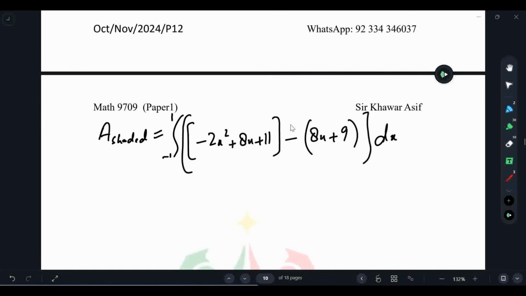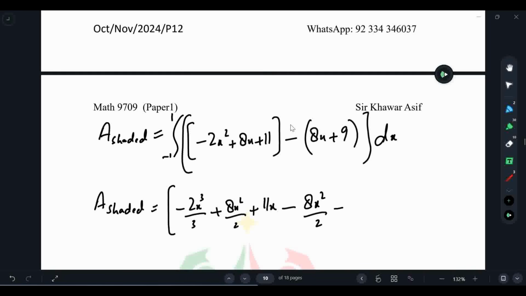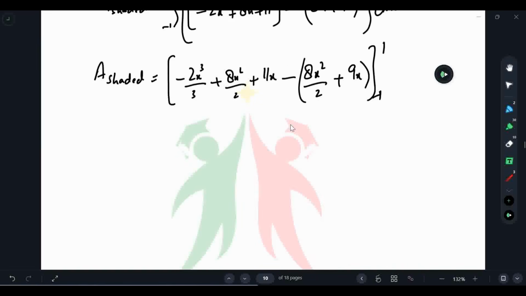Now if we directly integrate it, the area of the shaded region will be equal to minus 2x cubed by 3 plus 8x square by 2 plus 11x, minus 8x square by 2 plus 9x, from minus 1 to 1.